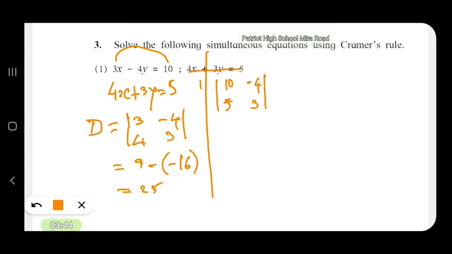This will be the Dx. Dx is equal to this much. So calculating the value of Dx, it will be 30 minus of minus 20 will be plus 20. So Dx will be 50.